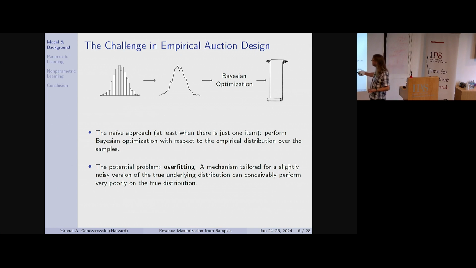The thing is that if there are many, many degrees of freedom in choosing this mechanism, then we might overfit as in any statistical learning problem.